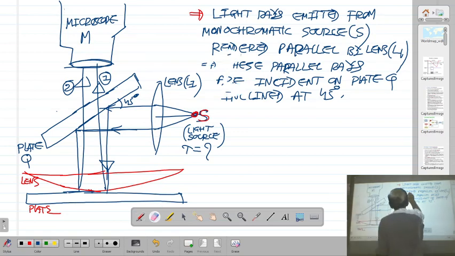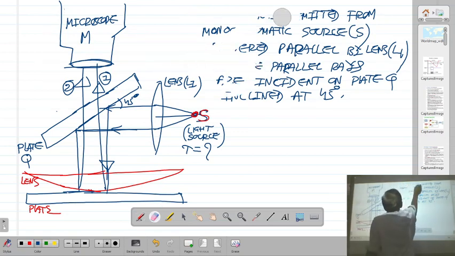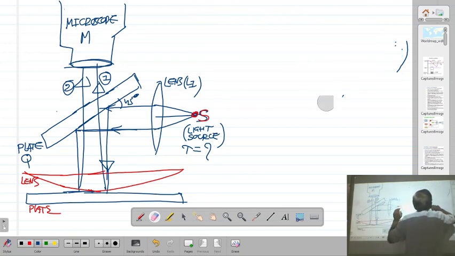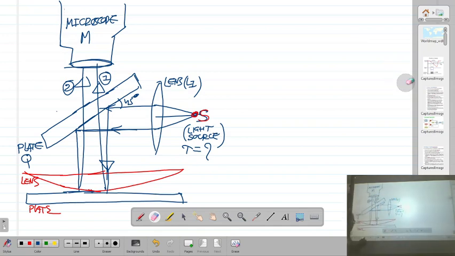Now what will happen? When these rays are incident on the glass plate, they will be reflected in the downward direction, right?